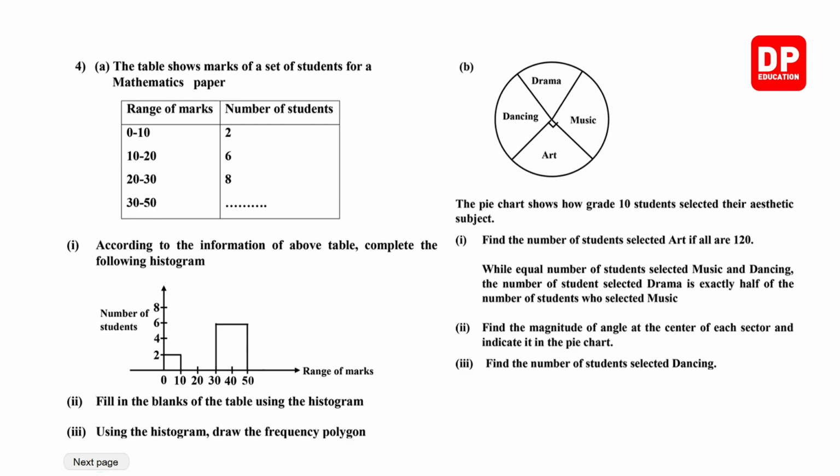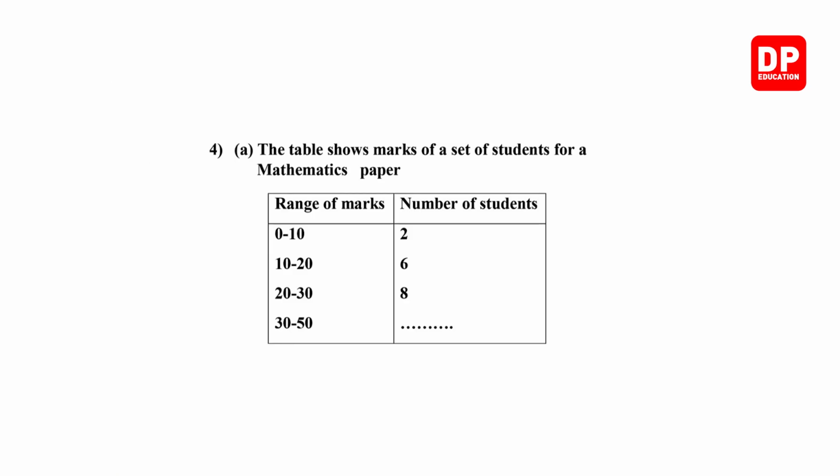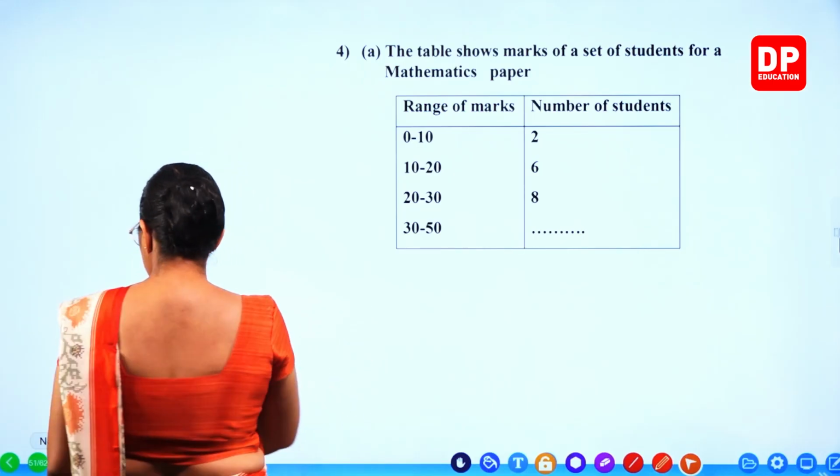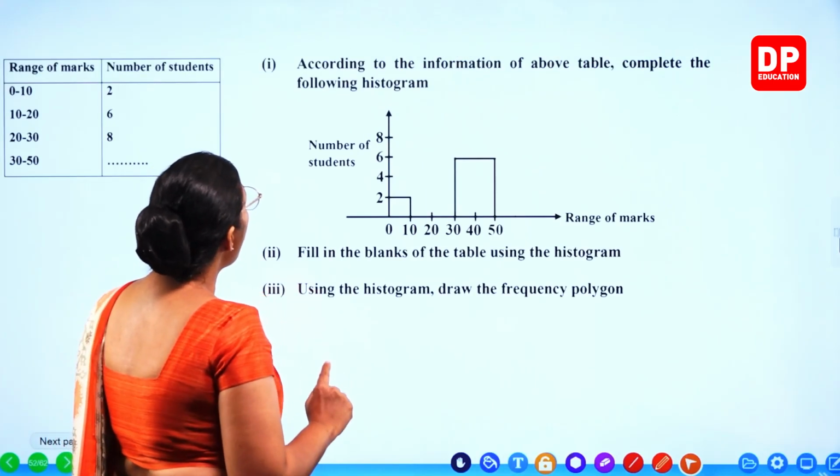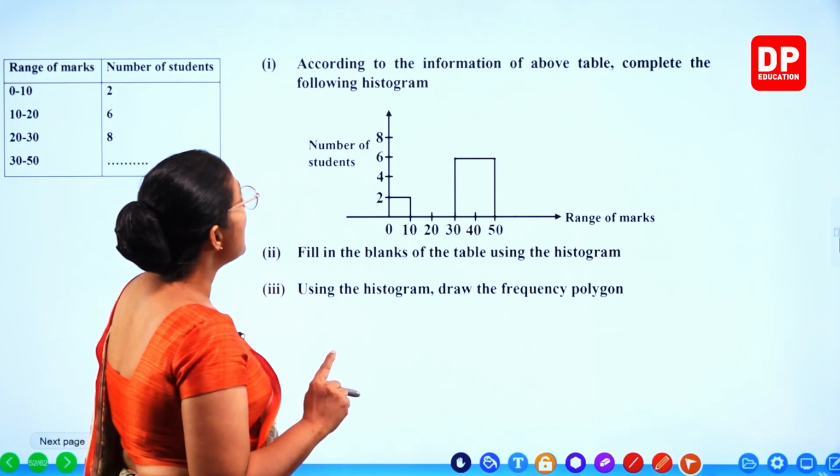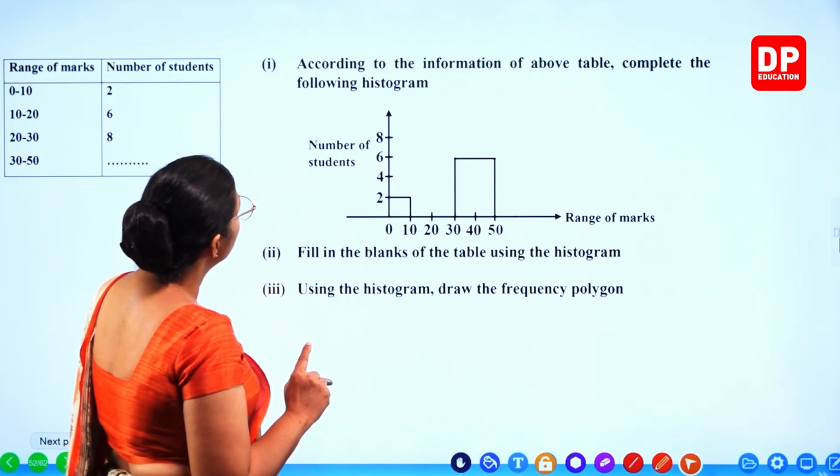Let's do question number 4. It's a statistics question. The table shows marks of a set of students for a mathematics paper. So the table is given. According to the information in the above table, complete the following histogram.